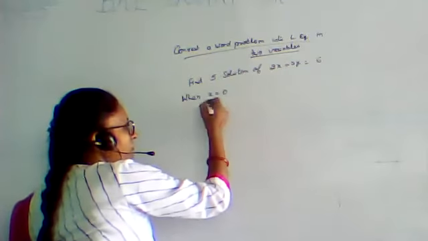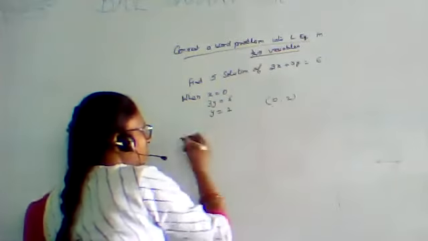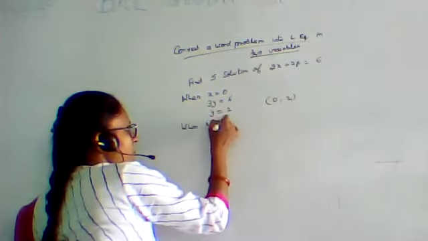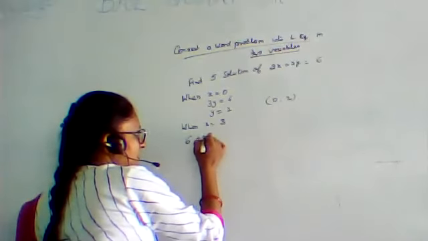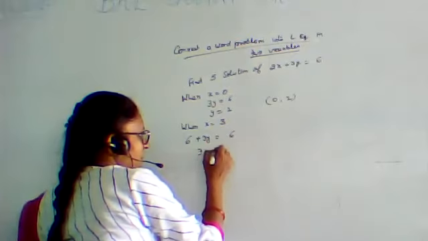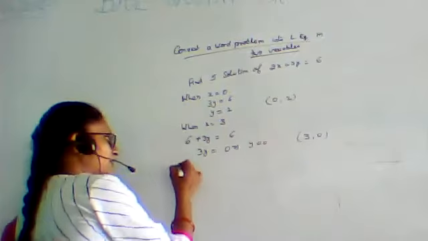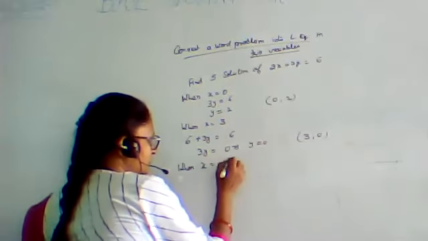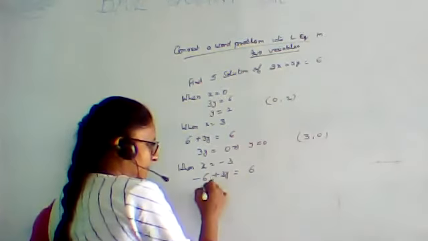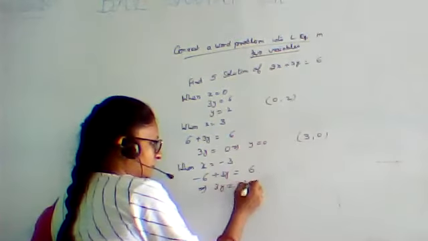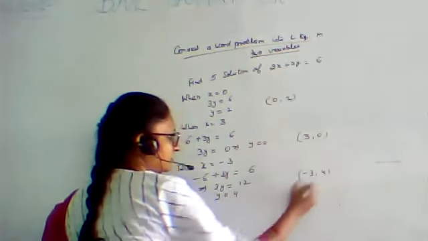When x is equal to 0, 3y is equal to 6, y is equal to 2. First solution हो गया 0, 2. When x is equal to 3, 6 plus 3y is equal to 6, 3y is equal to 0, it implies y is equal to 0, 3 comma 0 another point. When x is equal to -3, -6 plus 3y is equal to 6, it implies 3y is equal to 12 and y is equal to 4, -3 comma 4.